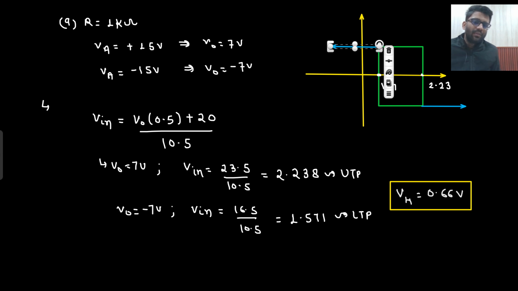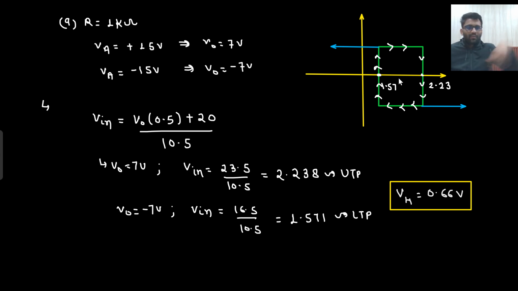And since it is an inverting Schmitt trigger, for inverting we move clockwise, with arrows on both sides. Well and good, so this is the final answer.